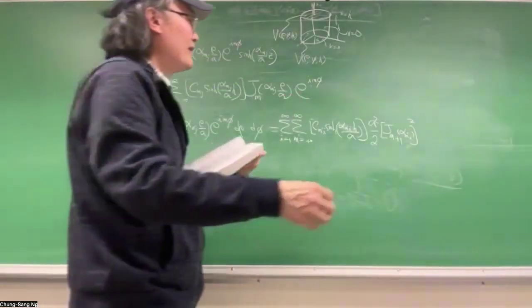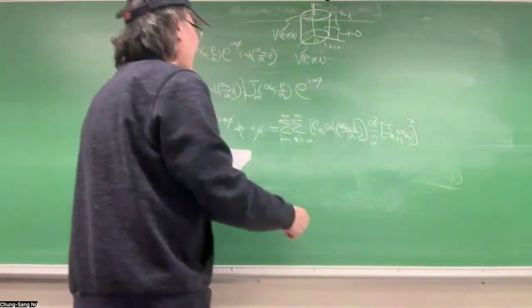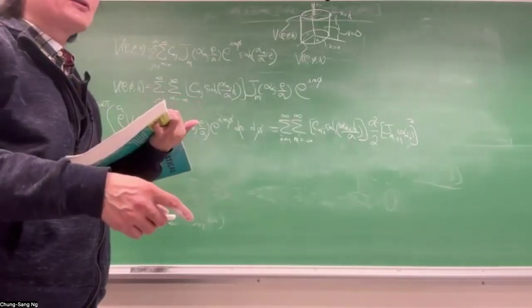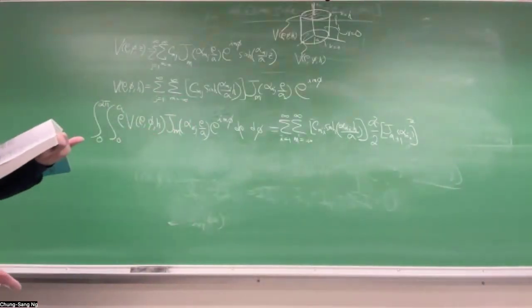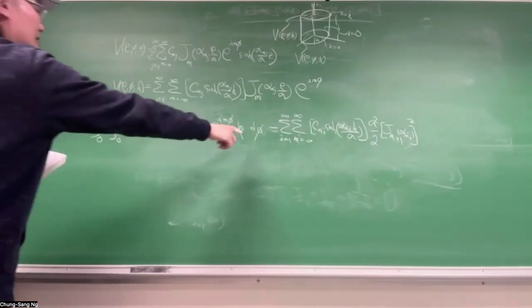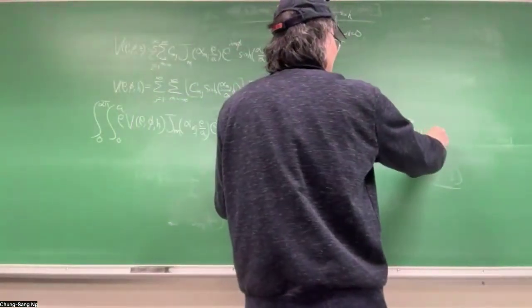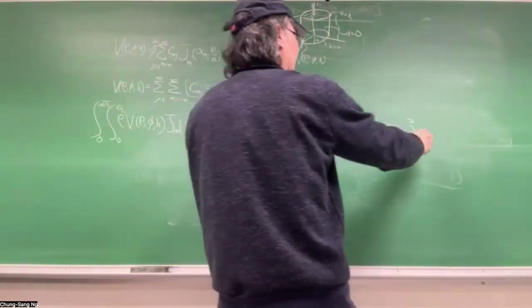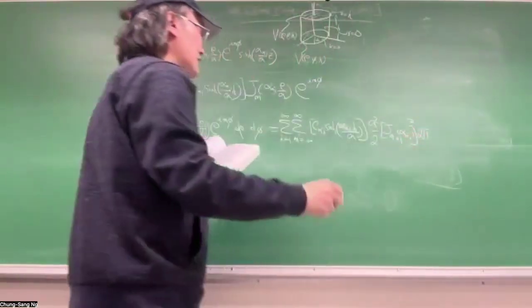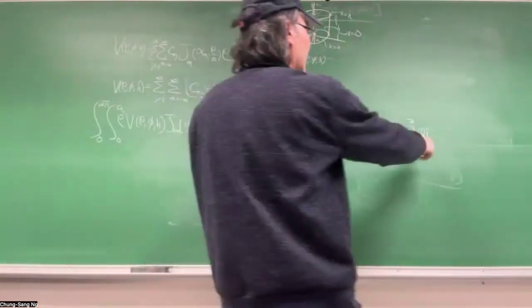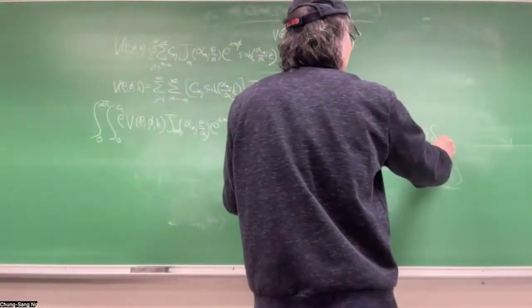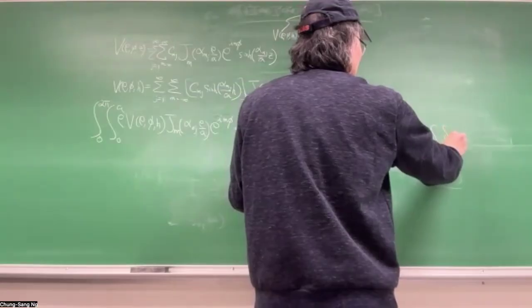You know that, right? Because m equals m prime, integrating from 0 to 2 pi d phi will give you 2 pi. The normalization for the exponential or sinusoidal function is 2 pi, and then you have delta ij delta m m'.